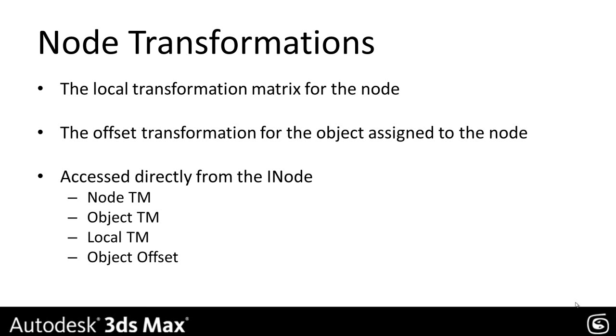So the node itself essentially contains two transforms, and these can be accessed directly from the INode interface: node transformation, object transformation, the local transformation, and the object offset. The node transform and the local transform are essentially the same. They're just given to you in slightly different relative values, and the same with the object transform versus the object offset.